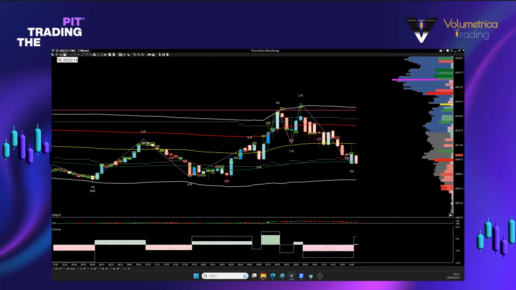Same thing as we said, we have the zigzag identifying the swing to the upside or to the downside and representing visually the volume and the delta, as well as the information in terms of numbers at the top of a downswing or at the bottom of an upswing.